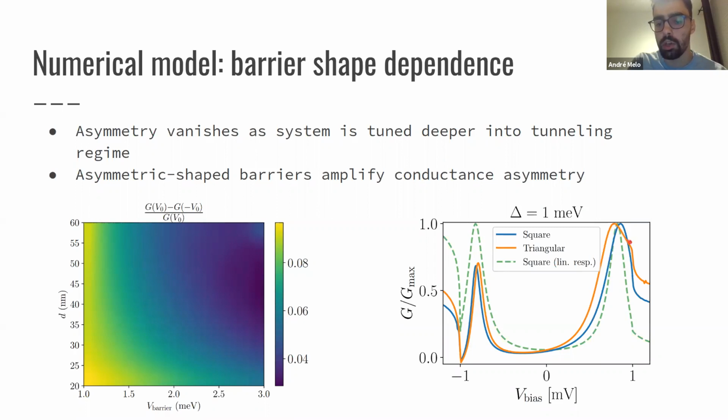And you see in particular that the peak gets more distorted and a bit wider when we have a triangular barrier. I won't get into this because I don't have much time, but we give an intuition for this in terms of the WKB formula in the paper if you're interested. All right.